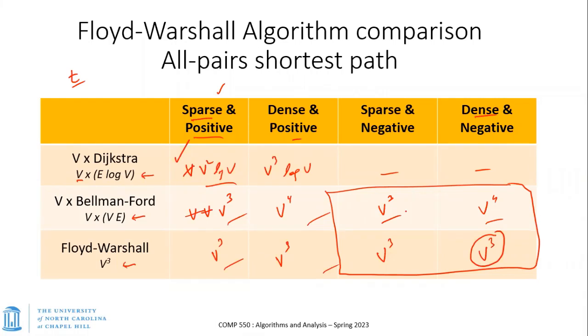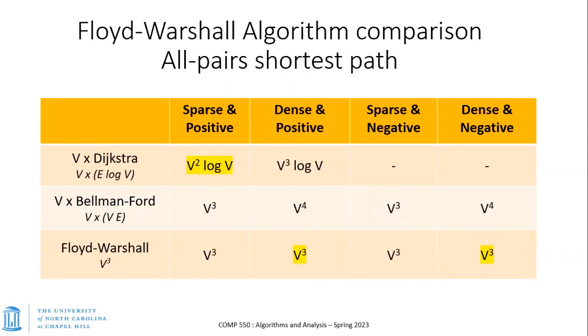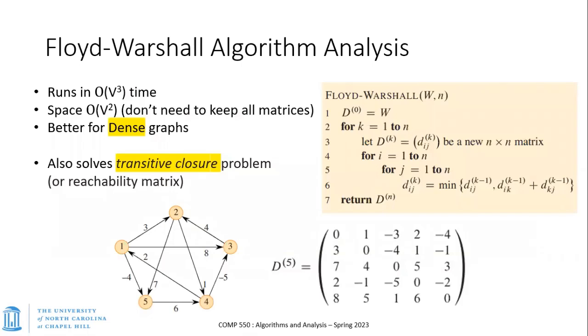However, for sparse and negative, they both seem to have the same complexity, so other factors will determine. The rule of thumb is that if it's a dense graph, then generally Floyd-Warshall is used. Those are the pros and cons, and it is best for dense graphs.